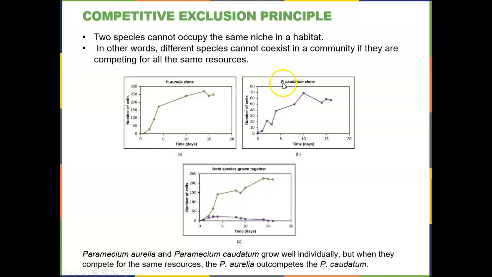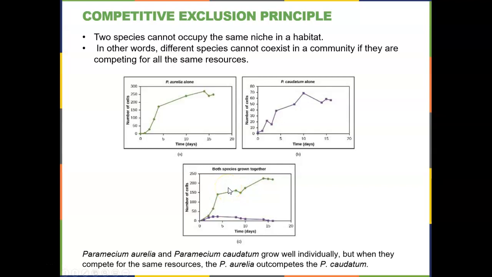If you then culture Paramecium caudatum, again alone, in the same medium, they'll be very happily growing. But if you then culture them together, putting some of these in with some of these in that same medium they like, you'll notice that the Aurelia species will go about its growth just like it did before, but the caudatum will not, because the Aurelia will win out.